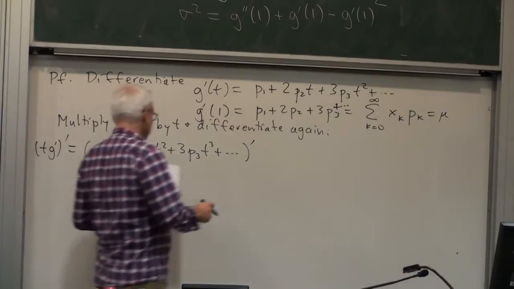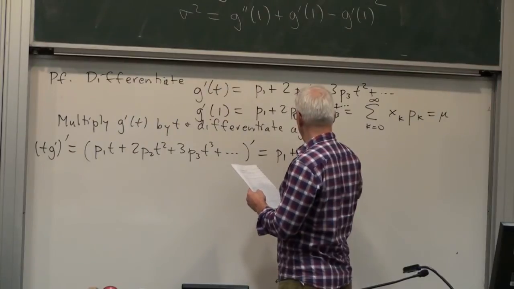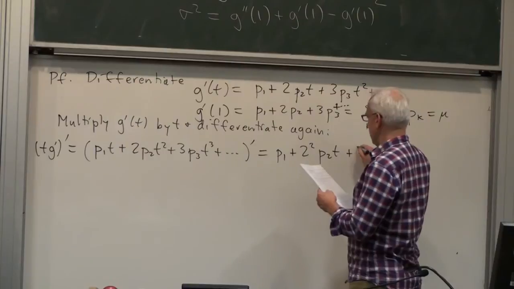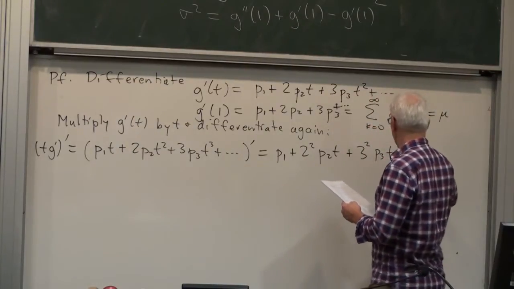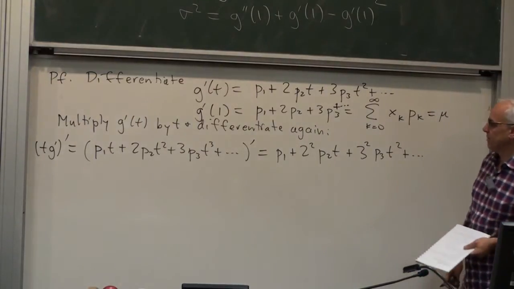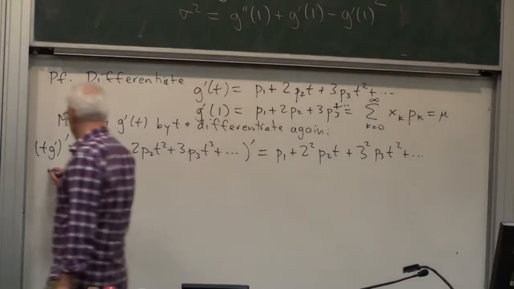Okay, when we differentiate this term by term, we're going to get p1 plus 2 squared times p2 times t plus 3 squared times p3 times t squared, and so on. Now set t equals 1.